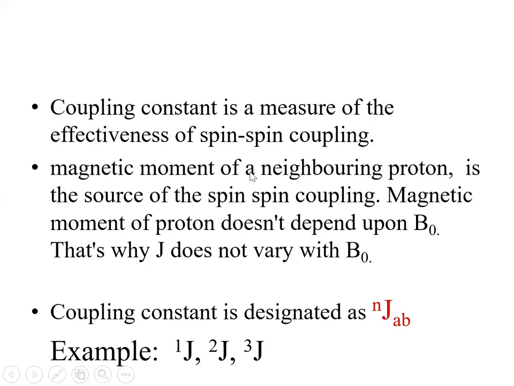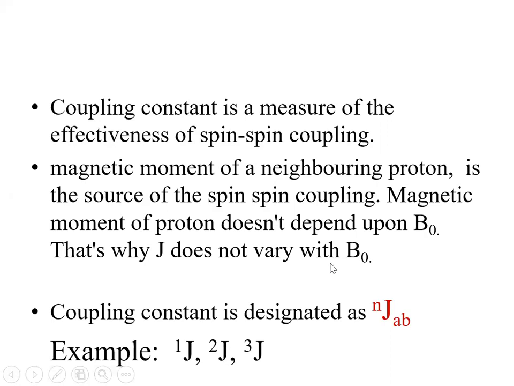Now next, the magnetic moment of a neighboring proton is the source of spin-spin coupling. This is a very important point which reveals why we get spin-spin coupling. The magnetic moment of a proton does not depend upon B0, the strength of the external magnetic field, and that's why the J value does not vary with B0.